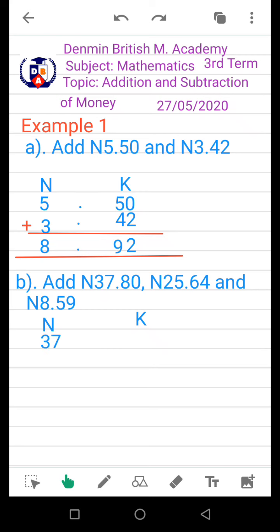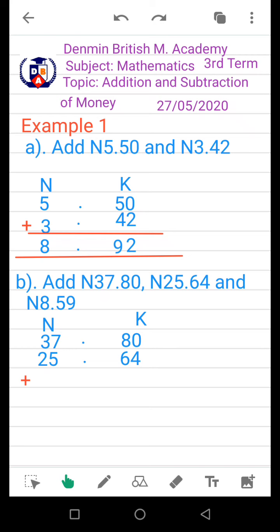Under the naira we have 37 naira, then point 80 kobo, then under the next number we have 25 naira 64 kobo.